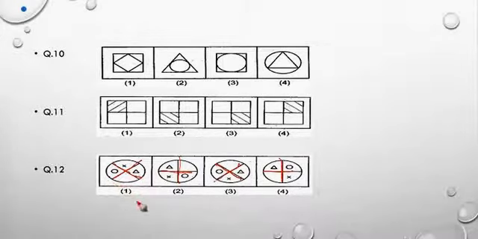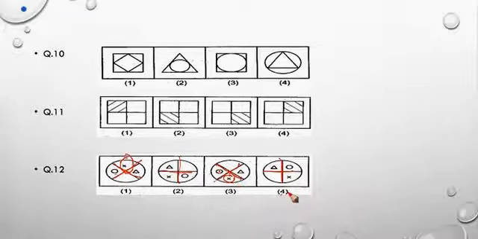In case of problem figure 1, the cross sign is in the middle. In case of problem figure 2, also it is lying in the middle of the two figures. Similarly, in case of problem figure 3, the cross sign is lying in the middle of the other two figures.